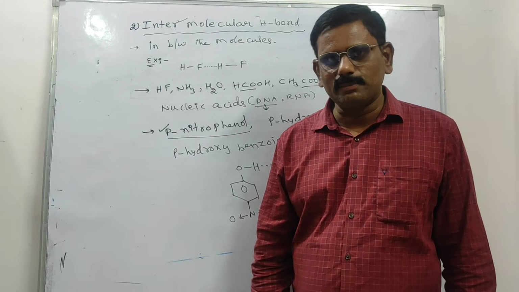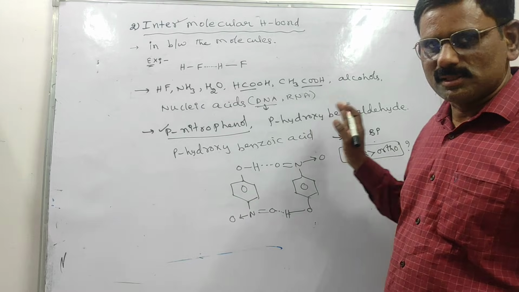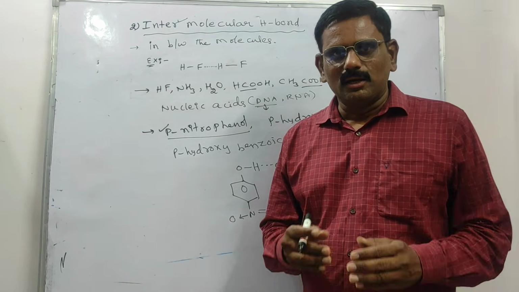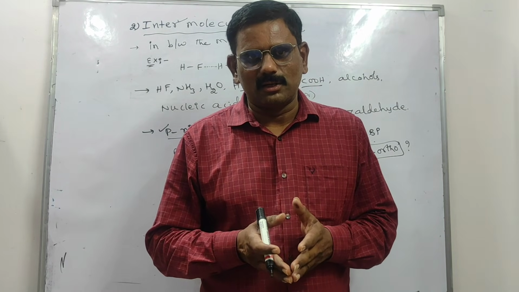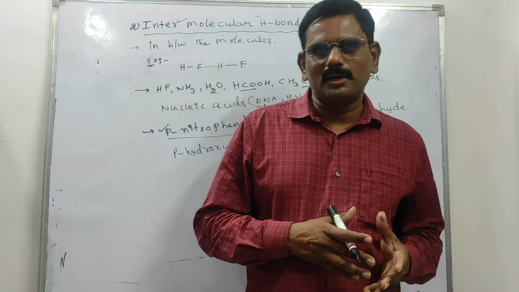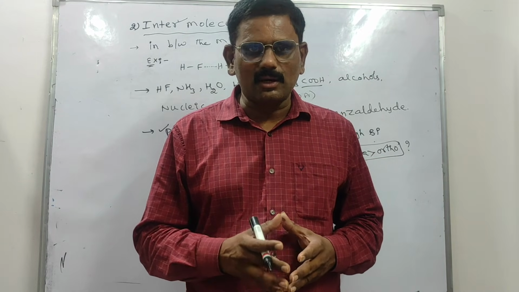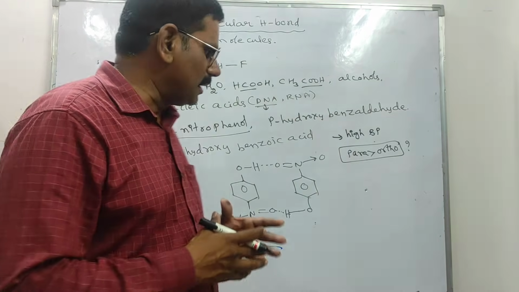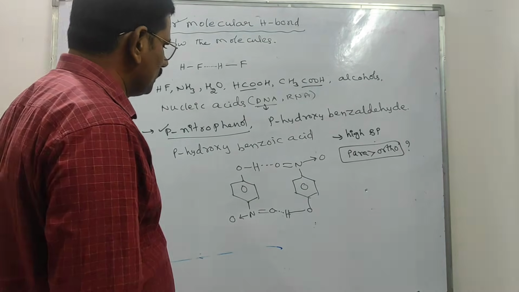It is because in para-nitrophenol, intermolecular hydrogen bond is present, whereas in orthonitrophenol, intramolecular hydrogen bond is present. Less energy is needed to break intramolecular hydrogen bond because it is within the molecule, whereas in para-nitrophenol, more energy is required to break all the bonds among the molecules. Hence, the boiling point of para-nitrophenol is more than that of orthonitrophenol.